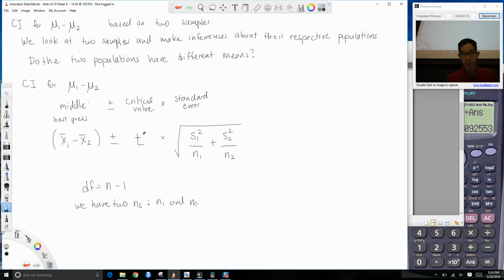So you're going to use the smaller n for your degrees of freedom. And this is it. Often questions will ask, do we have evidence that there is a difference between the population means?